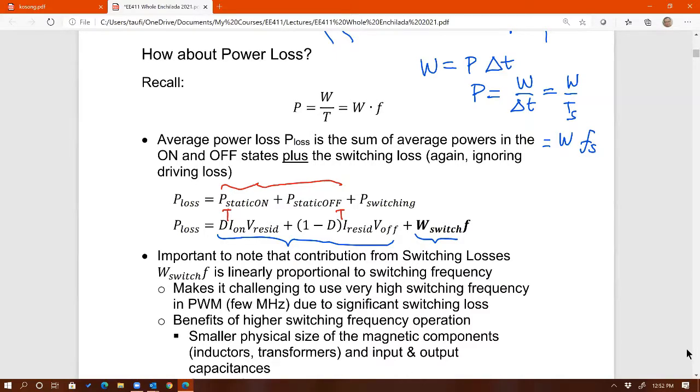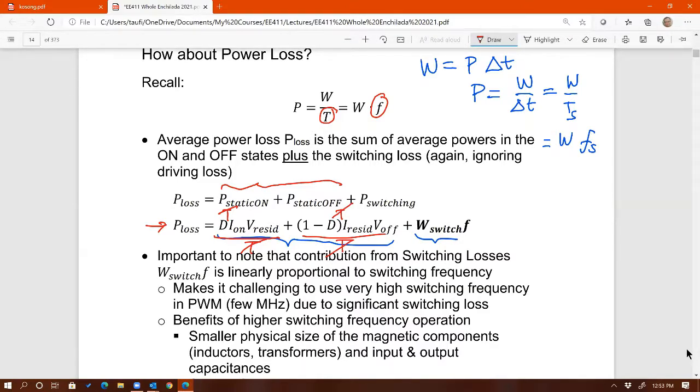And then since I'm looking for P loss, you either divide the equation by T or multiply by F. So in this case, I'm dividing on and off by T. All right, so the original equation has T in it, but since I'm looking for power loss, I'm dividing each term by the switching period. That's the reason why the T disappears. Does that make sense, hopefully?